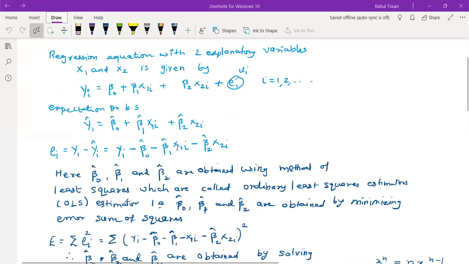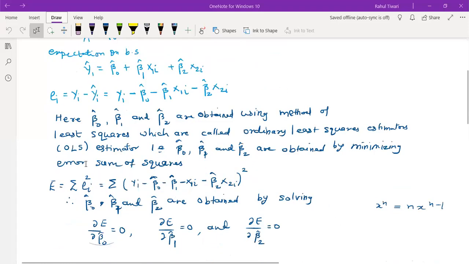Based on the expectation, one can get the expected value of yi, and once you get the expected value of yi, you can find ei. That ei is your error value.